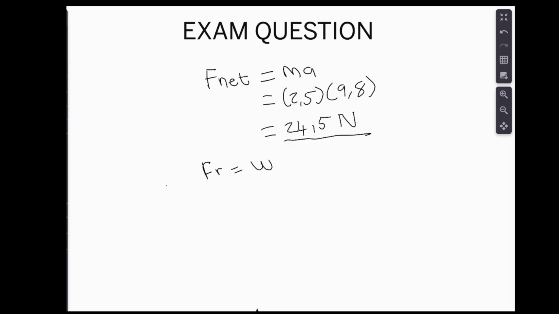Now our frictional force is equal to 24.5 newtons, which is equal to the coefficient of friction multiplied by mass multiplied by acceleration. So mass will equal 24.5 divided by the coefficient of friction divided by acceleration.